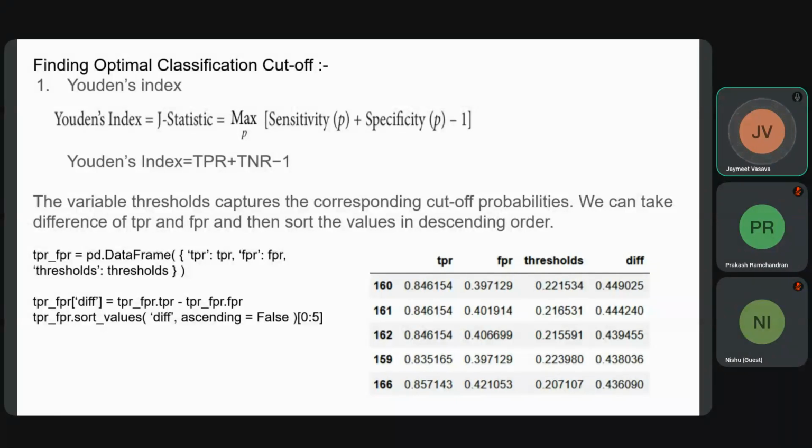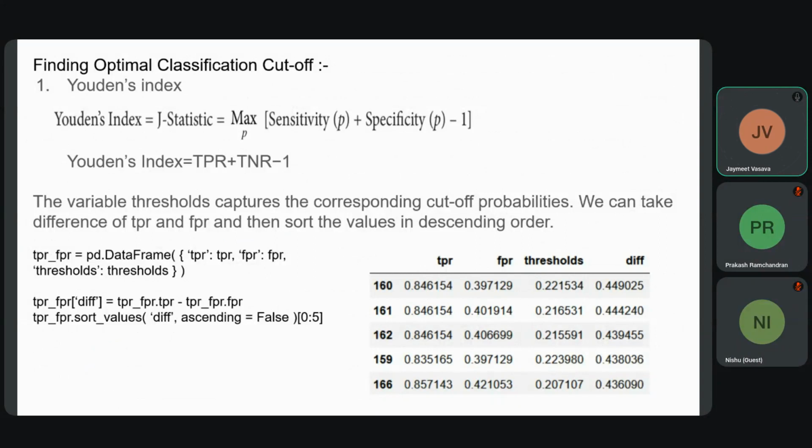The TPR and FPR used over here have been taken from a previous code that we have used for creating the ROC curve. That same TPR will be used, and then the difference will be calculated for it, and those values will be sorted. Those TPR and FPR values will be sorted in descending order in order to get the most optimum threshold.